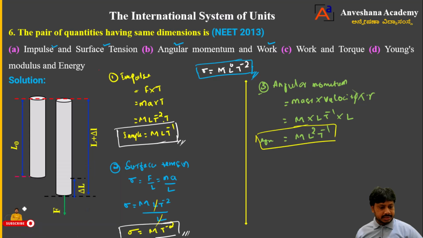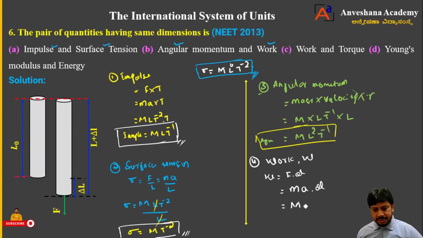Next one is what, dear students? Next one, work actually. Fourth one, I will write it here now, work. So we know work is represented as capital W. So what is capital W? It is nothing but force into dot product of displacement. So what is force? Again, Newton's second law, that is m into a. Distance is nothing but d. I will write it here now. Now I will write the fundamental quantities.